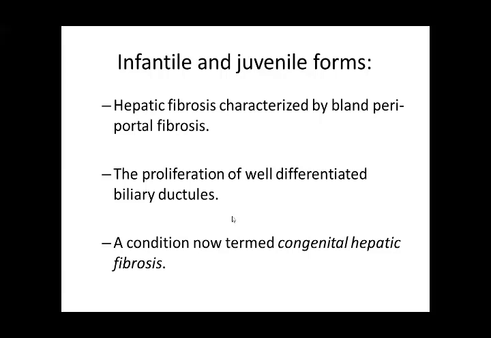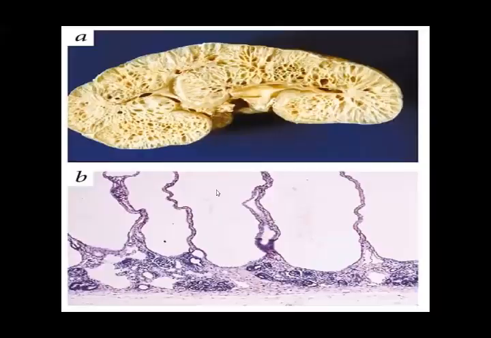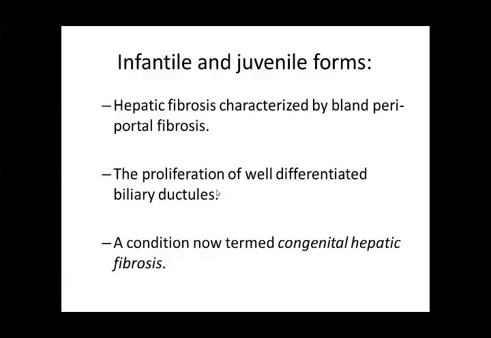Infantile and juvenile forms of hepatic fibrosis, we have discussed that, and proliferation of well-differentiated biliary ductules is a condition termed congenital hepatic fibrosis, right? So along with the cystic kidney, there is congenital hepatic fibrosis, that is the extrarenal manifestation.